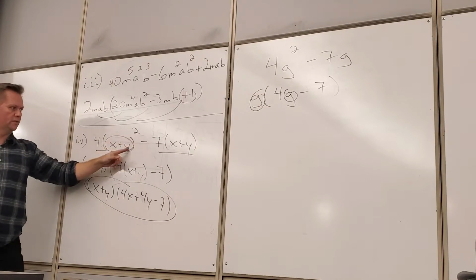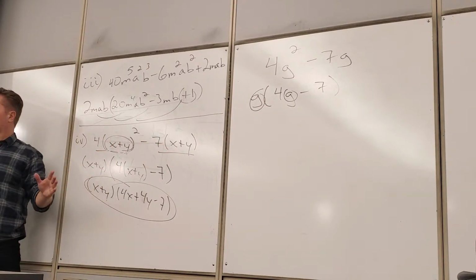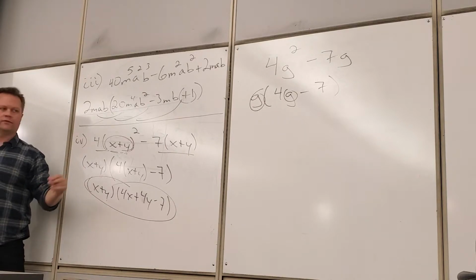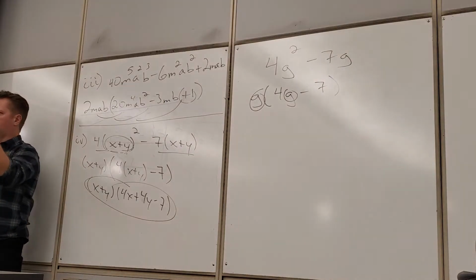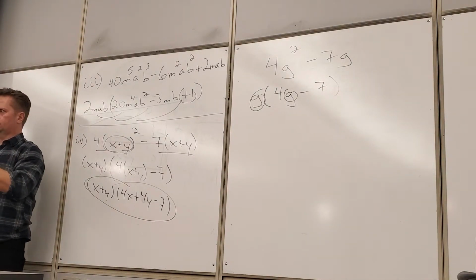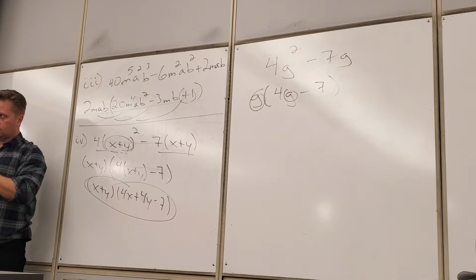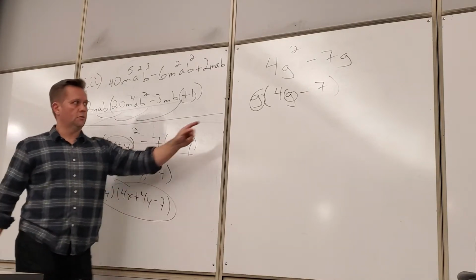This had 2 of them and this had 1 of them, so I can take 1 of them out. The idea of GCF doesn't care how much is in this little thing, it just looks at it as one big thing. After you did that, to check it, you could undo what we did, which is to multiply that back in.